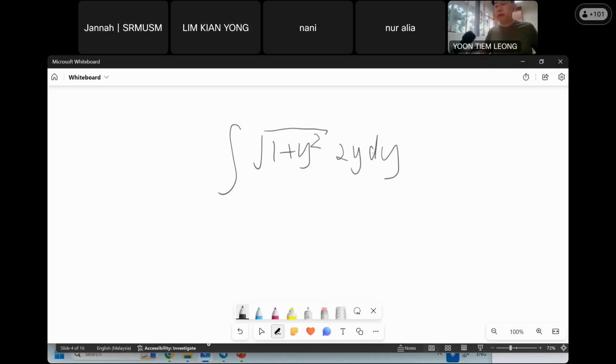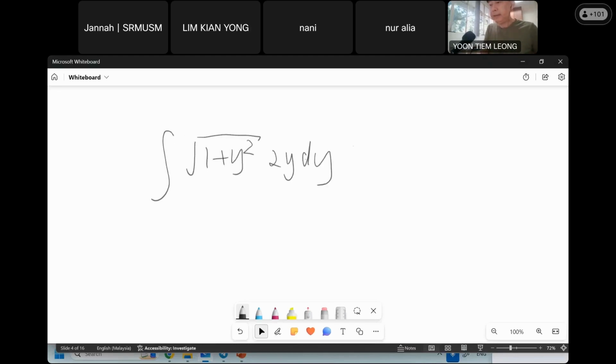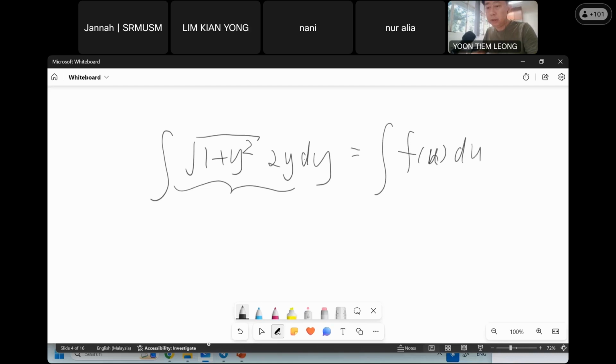So how do you perform the indefinite integral of this function? It is by recognizing that you can actually cast the integrand into the form of f of u du. Okay, so as long as you can cast or rewrite or express the integration into the form of f of u times du, then you can use the power rule in integral form to calculate this.